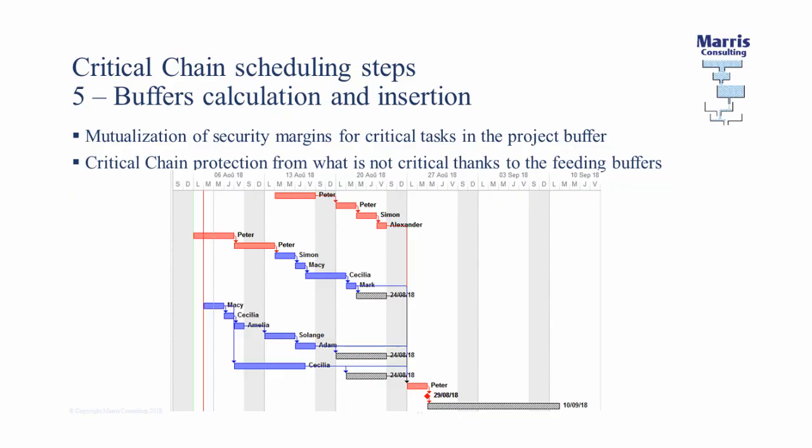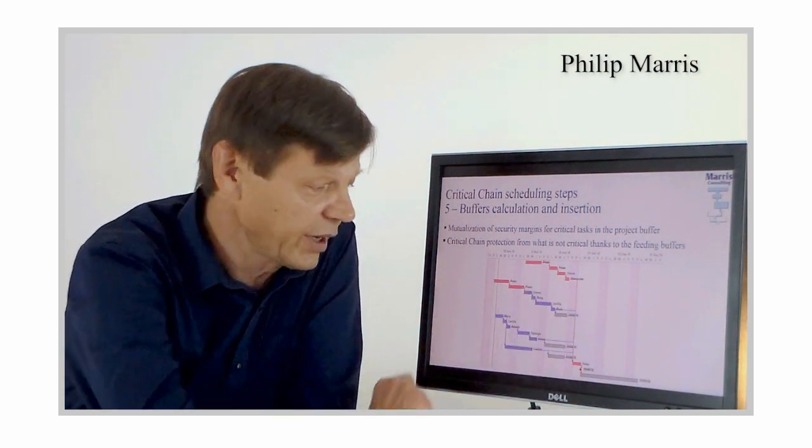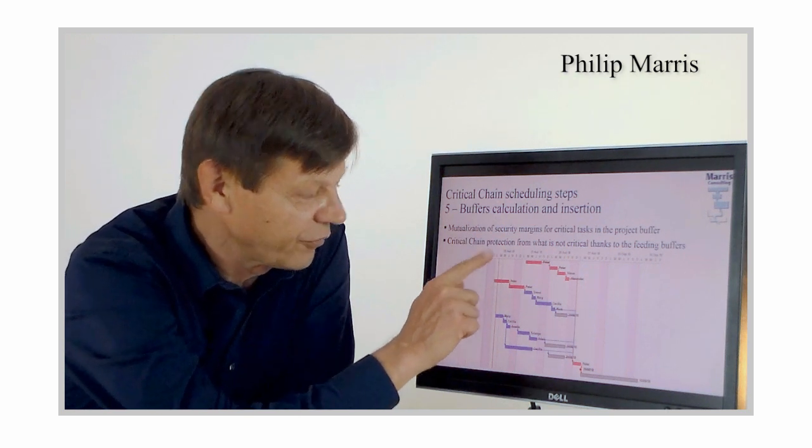So we have the system here with buffers, and that's it. But what is that? That is something of huge value, because it is a planning that is high performance. It's high performance because these durations are very short. It's very realistic because it hasn't assumed, you know, I have 3 Peters.